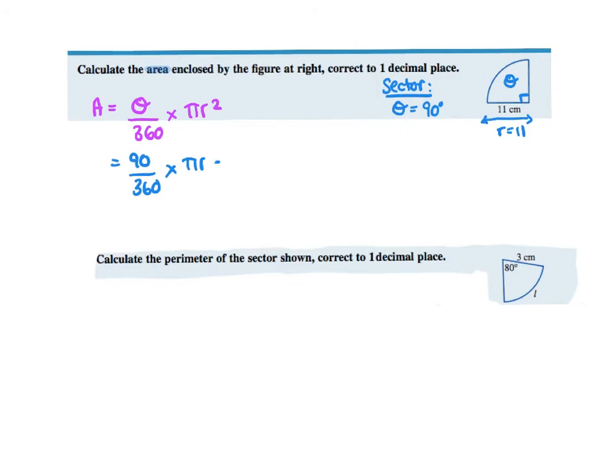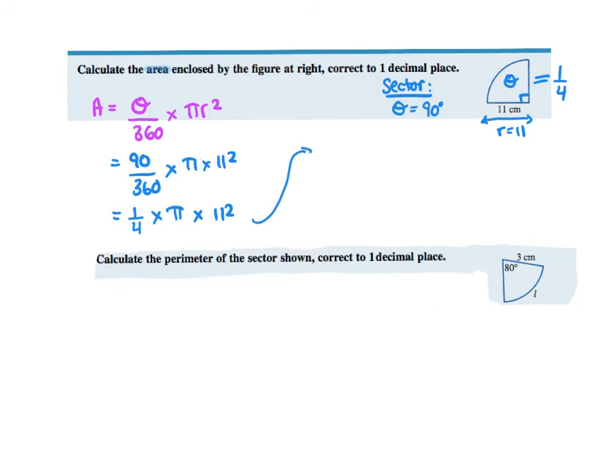I'll change the r to what it is, times 11 squared, and you can pop that on your calculator. If you noticed this was a quarter of a circle, that will still work as well, because 90 over 360 simplifies down to a quarter.